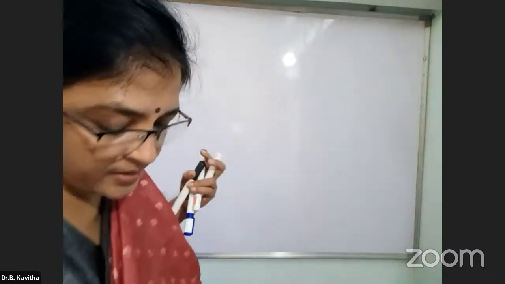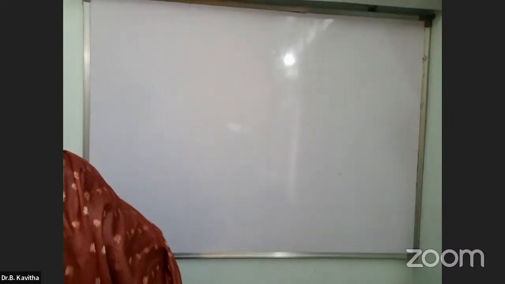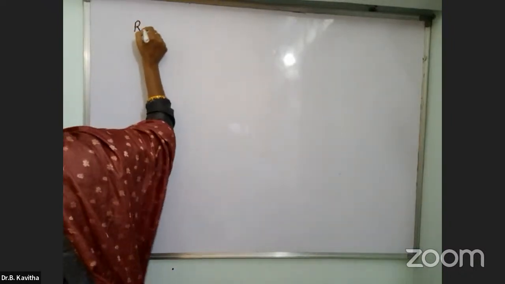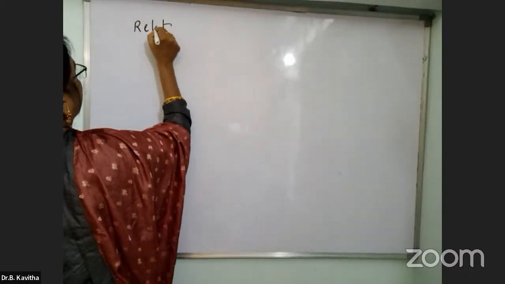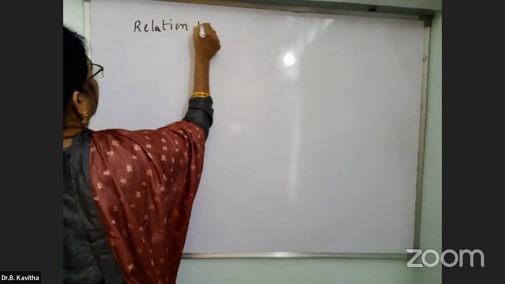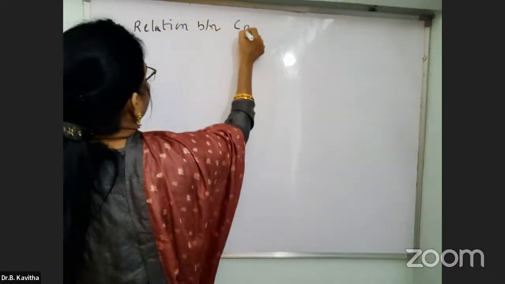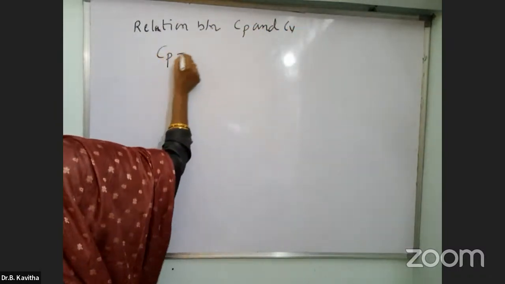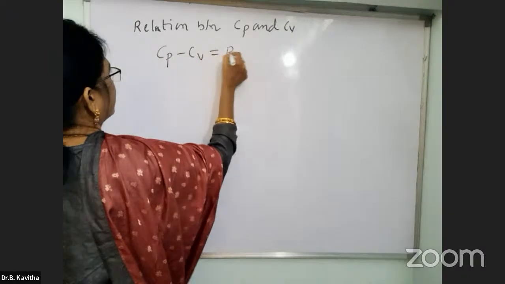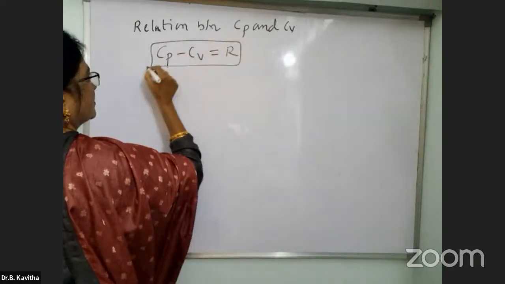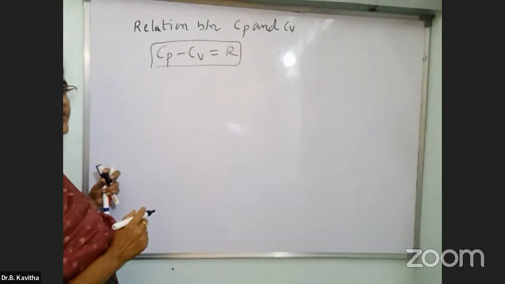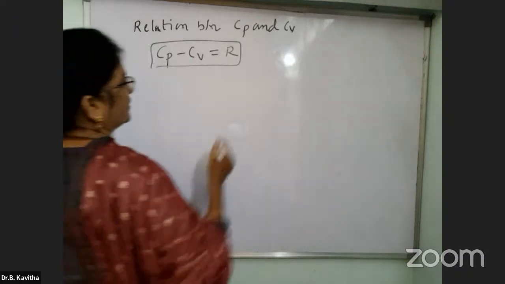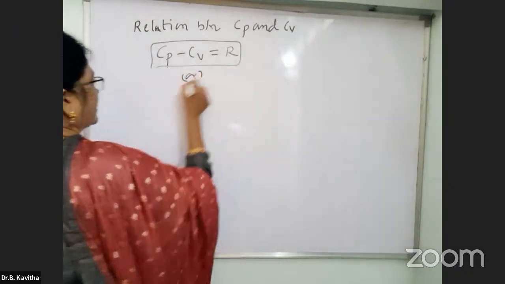Right, and the next one, the relation between CP and CV. CP minus CV is equal to R. Everybody knows about this. I'm not going to derive the equation because this is for entrance purpose. But one more equation is also there. You can write that one also.